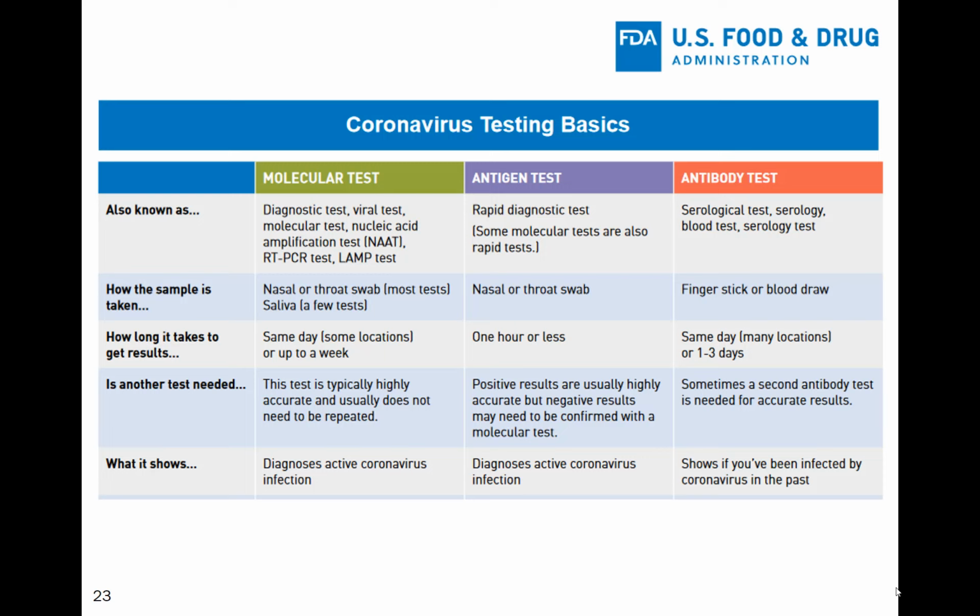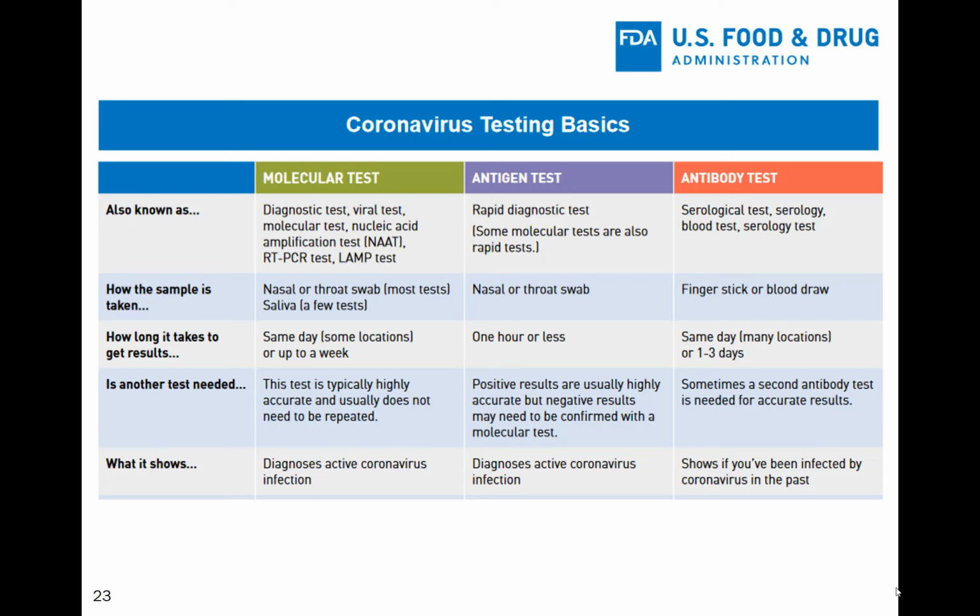So this could be the spike protein or the N protein. They're both samples are nasal or throat swabs. In terms of how long it takes, the molecular test should take less than a day. It should never take up to a week. It kind of defeats the whole point of the exercise if it takes a week to get the result. The antigen tests or rapid tests, really within an hour.